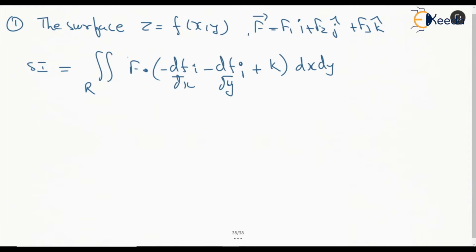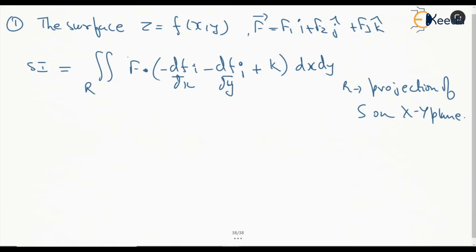So this R is the projection of the surface S on the xy plane, right?